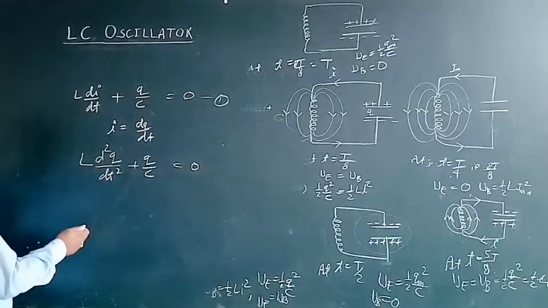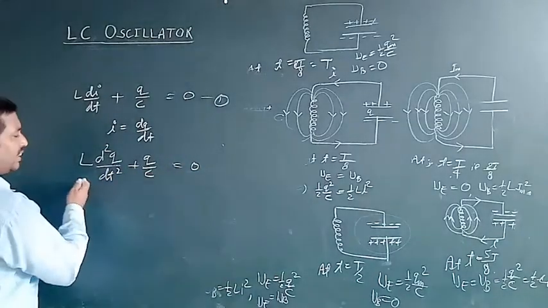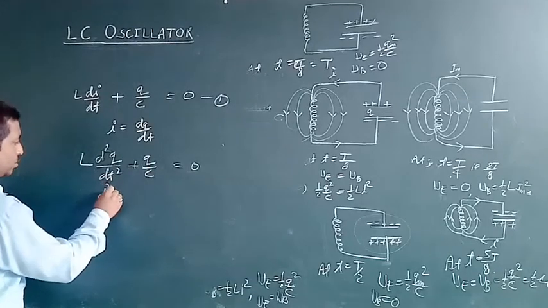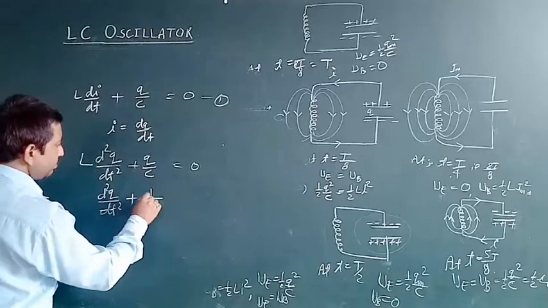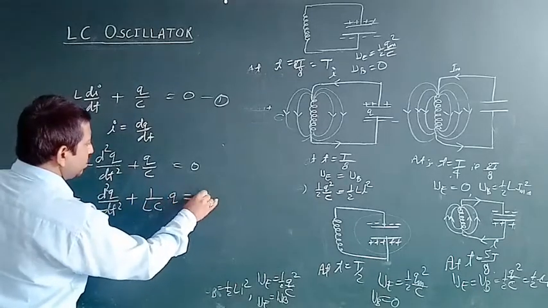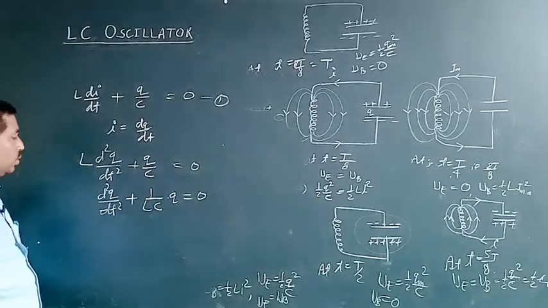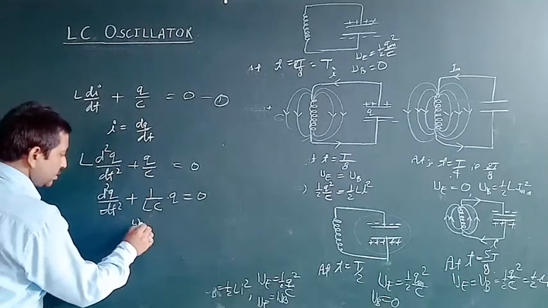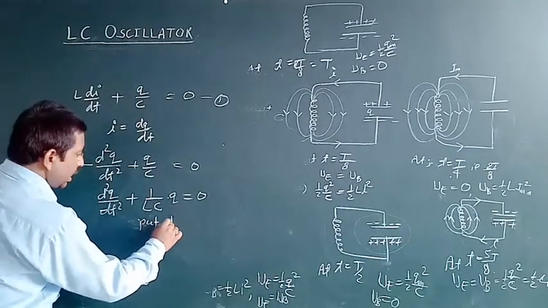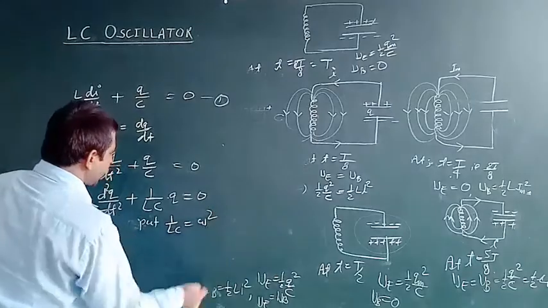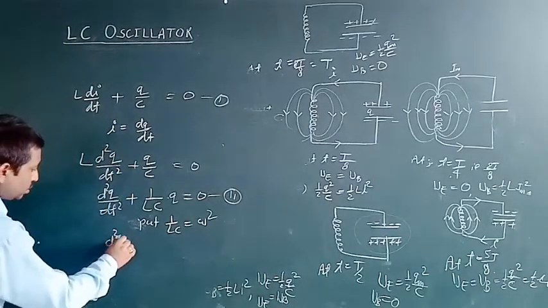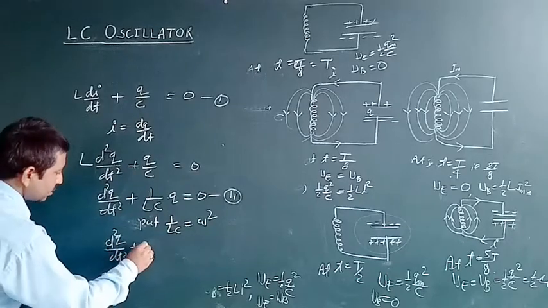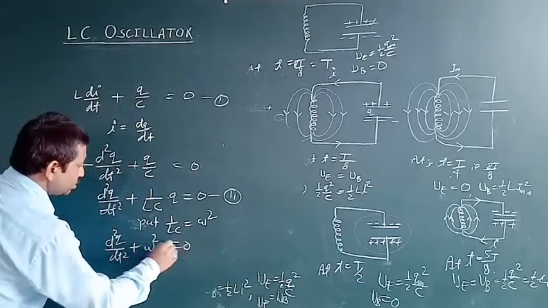If we divide by L on both sides, we get d2q by dt square plus 1 by LC into q is equal to 0. If we put 1 by LC as omega square, then this equation reduces to d2q by dt square plus omega square q is equal to 0.